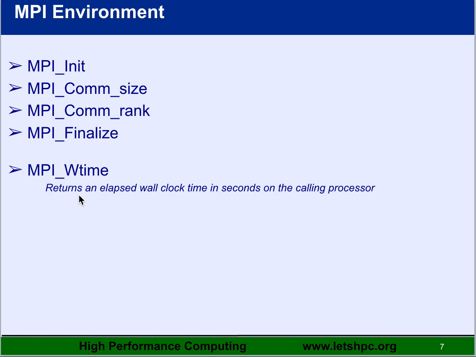And there is another important call which we call MPI underscore Wtime. It basically returns an elapsed wall clock time in seconds on the calling process. You have used this kind of function while doing OpenMP also, to measure the time.